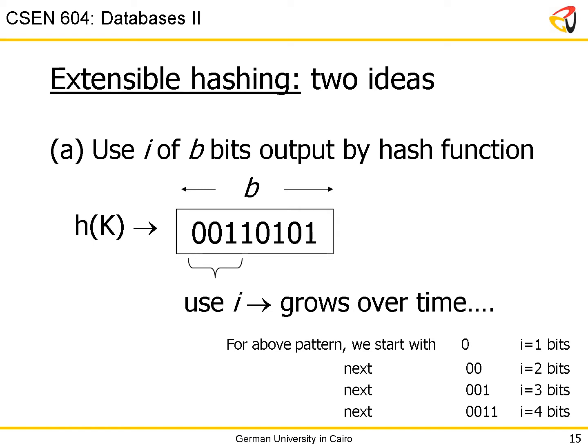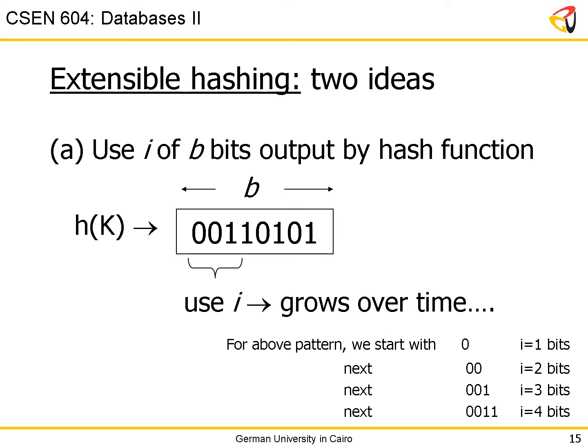There are two key ideas here. The first one is that we are actually going to take the output of the hash function and convert it to binary. And we will make use of the bits in the binary representation of the output. We are not going to use all the bits up front, but we will use a subset of the bits, and as the extensible hash table gets bigger, we will use more bits.